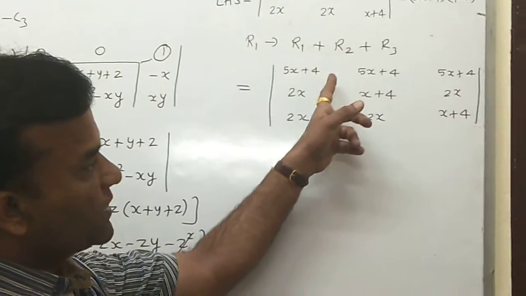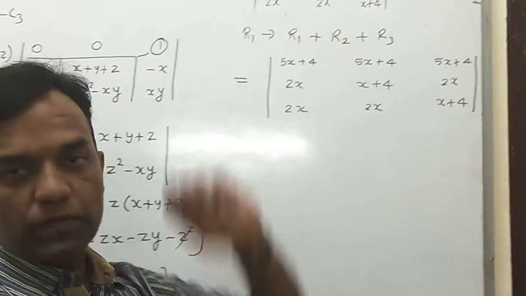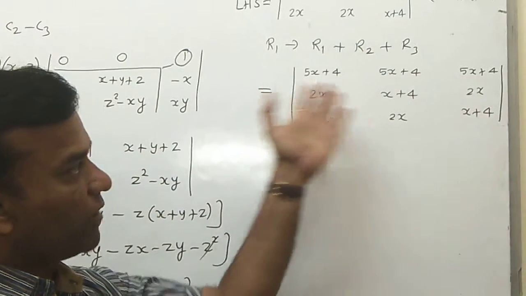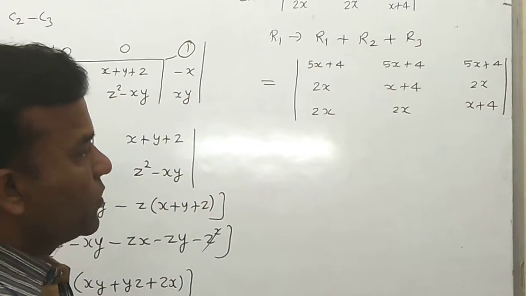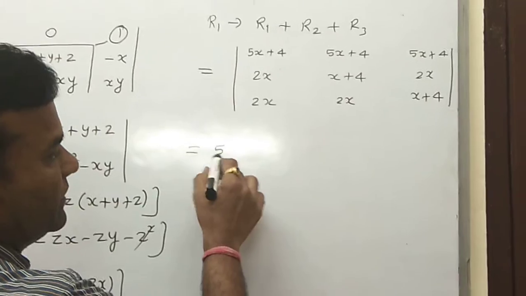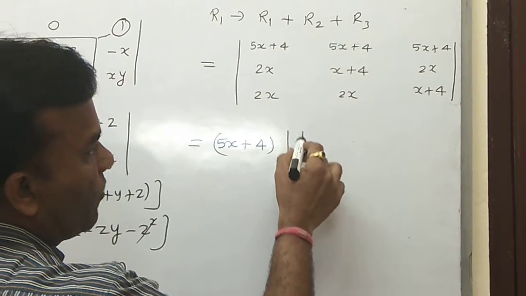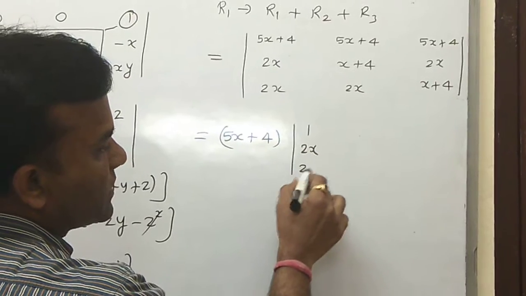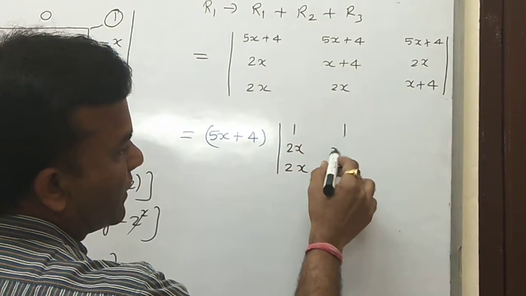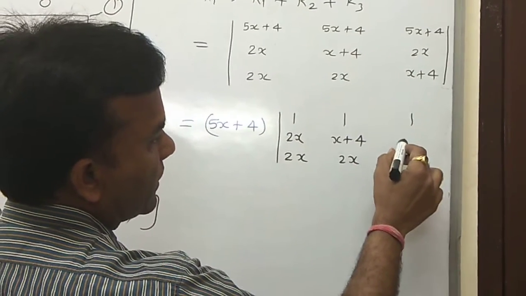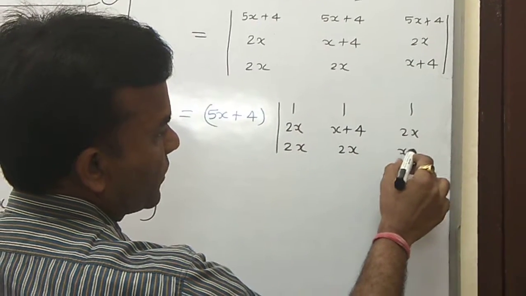Now you have 5x plus 4, 5x plus 4, 5x plus 4. All elements in R1 are the same, so you take outside that common term. So 5x plus 4 you put outside. You have 1, 1, 1; 2x, x plus 4, 2x; 2x, 2x, x plus 4.